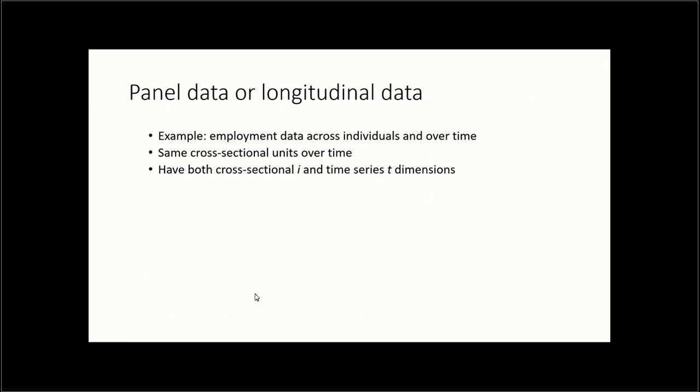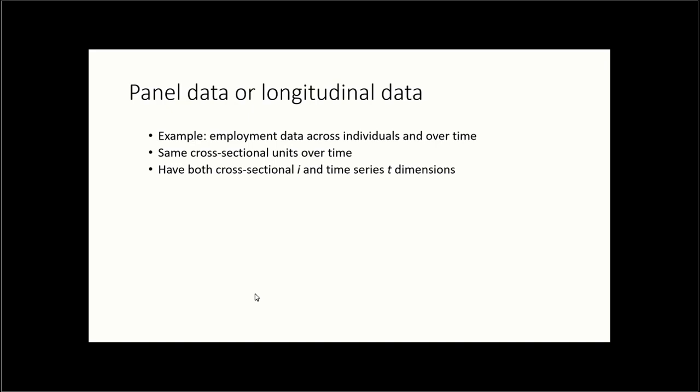And finally, we would have panel data, also called longitudinal data. For example, we can have employment data across individuals and over time. So for example, we can have the salaries of people across different years. This means same people followed over time, over years.